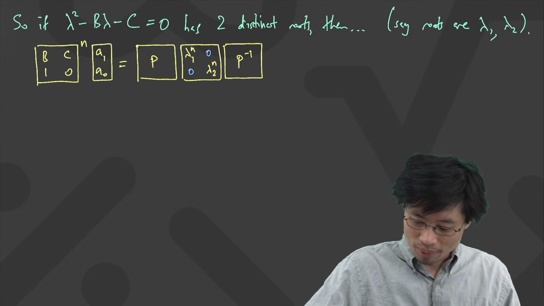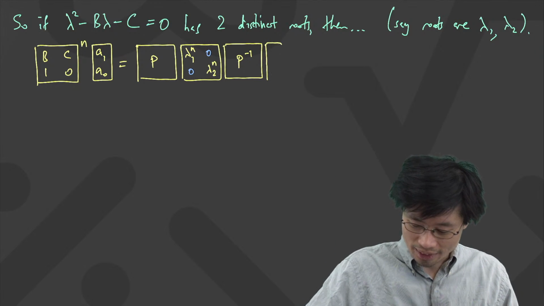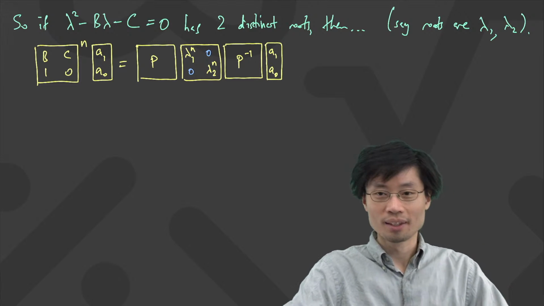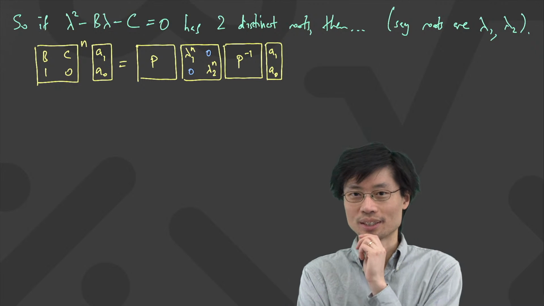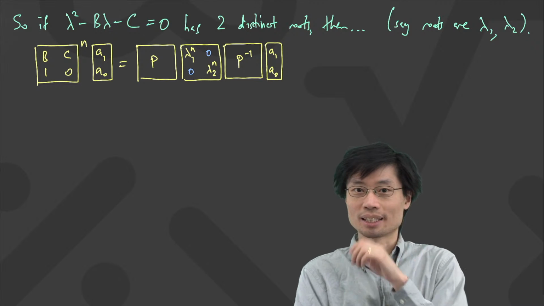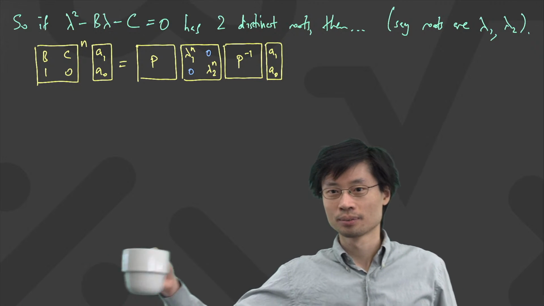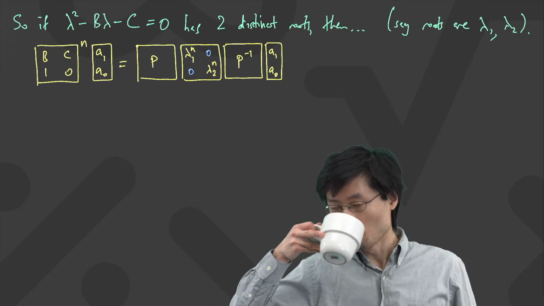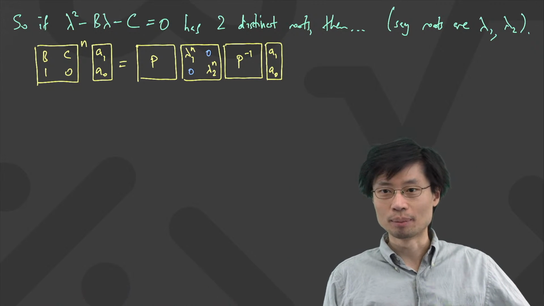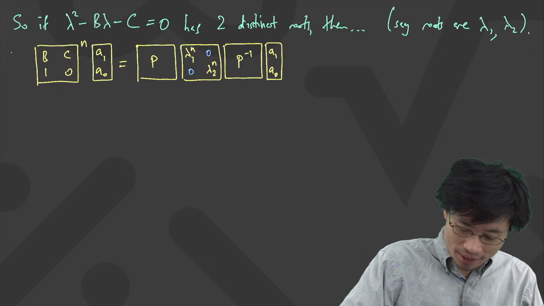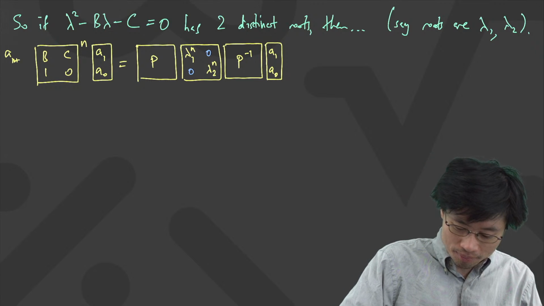Oh, sorry, multiplied by [A1, A0] at the end. So what? We're almost done with getting a complete solution to An. What happens next? Maybe to prompt what happens next, let's remember, this is [A(n+1), An].